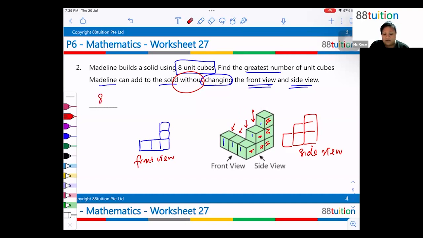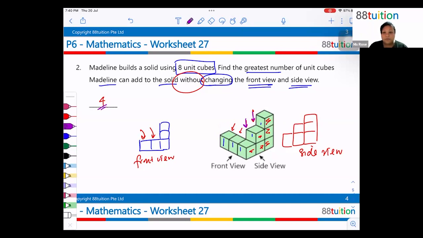You can only put in 4, such that if you were to put any higher, this will add on. So you can only put in the ones at the back, so it is hidden from the front view. Same thing, you can only put at the back here for the side view so that it is hidden, so you cannot see. So the maximum number of cubes that you can put in is only 4.